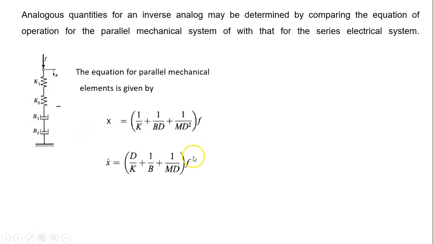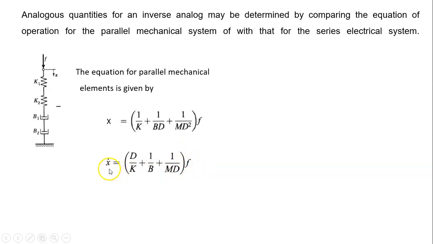If you multiply by capital D on both sides, Dx means dx by dt, which is x dot, is equal to D upon K plus 1 upon B, because the D and D will get cancelled, plus 1 upon MD, since one D will cancel from D square, into F.